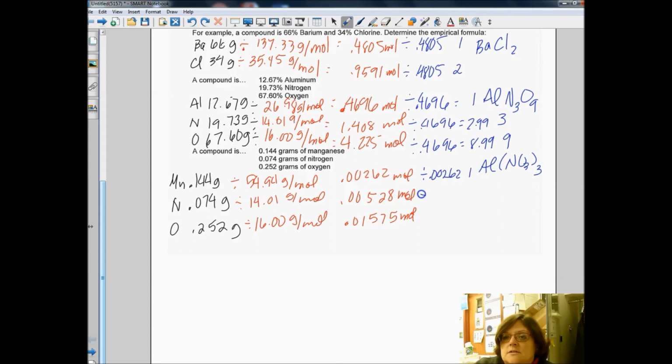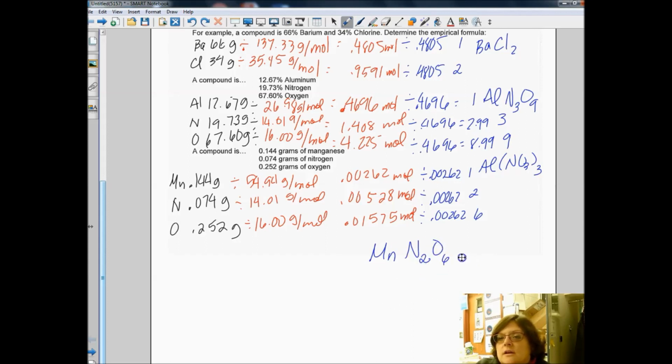That's going to give us 1. 0.000528 divided by 0.00262 gives us 2. And 0.01575 divided by 0.00262 gives us 6. So our final ratio here is 1 manganese, 2 nitrogens, and 6 oxygens.